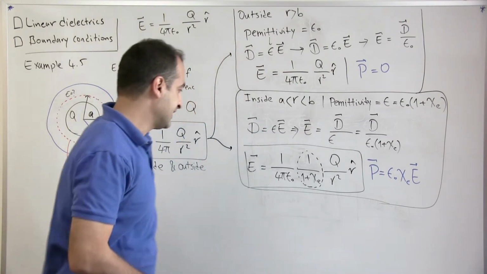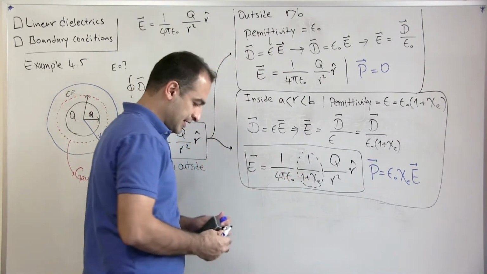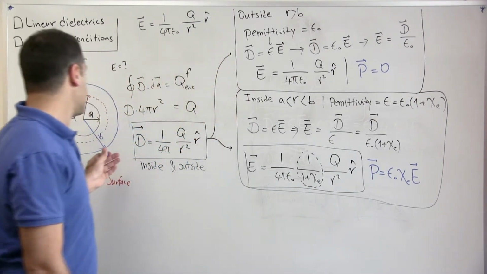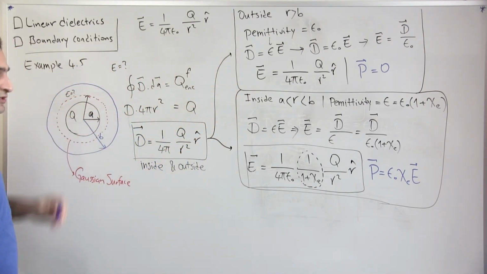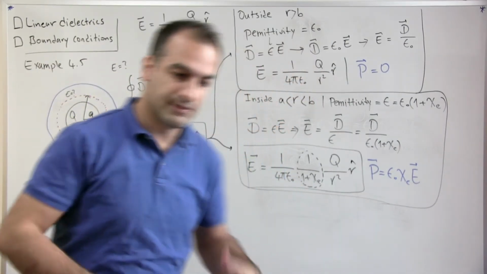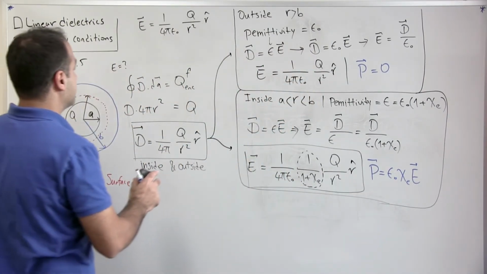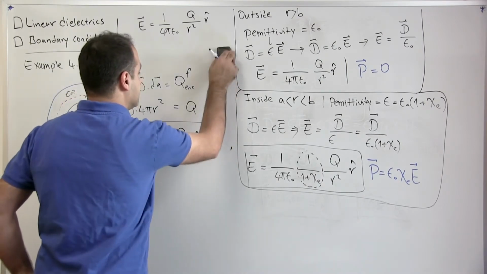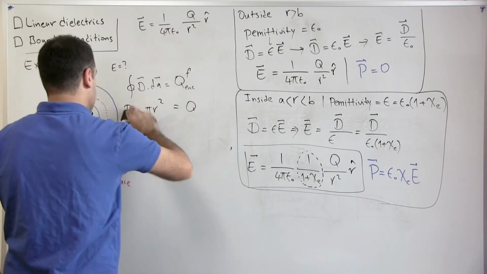And that is the electric field we have. So I'm going to look at the polarization, and then I'm going to look at what kind of surface charge and volume charge we have due to the polarization. Let me get rid of this D because we don't need it anymore.